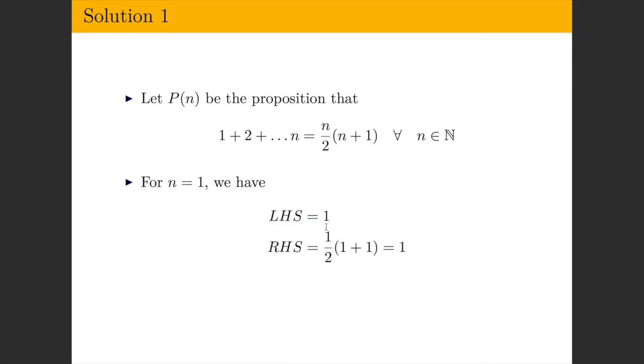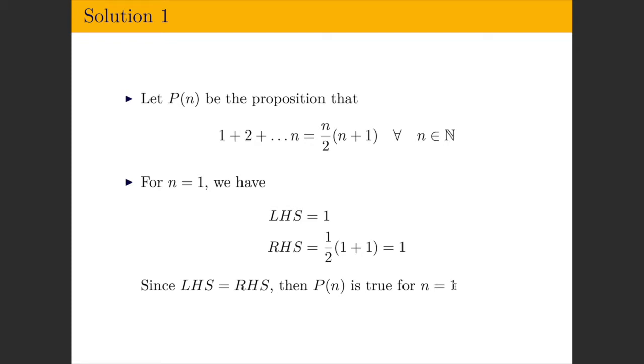For the right-hand side, we substitute n equals 1, and this gives us 1 over 2 times 1 plus 1, which is equal to 1. You'll notice that the left-hand side is equal to the right-hand side. So since the left-hand side equals the right-hand side, Pn is true for n equals 1. Okay, we have proven the initial step.